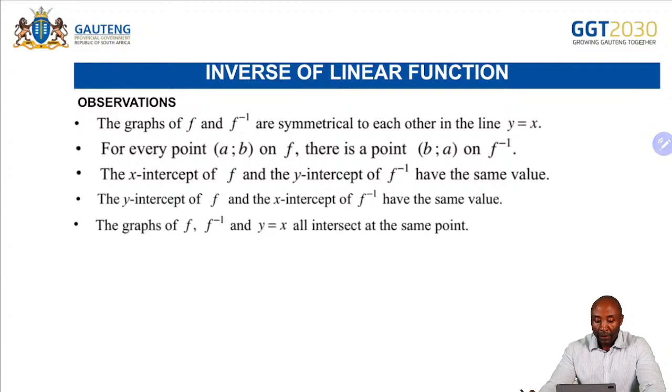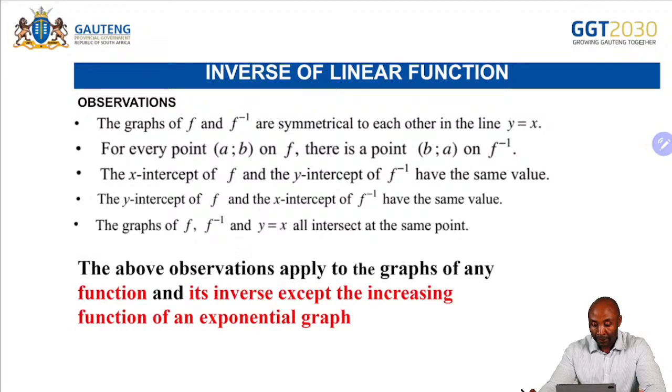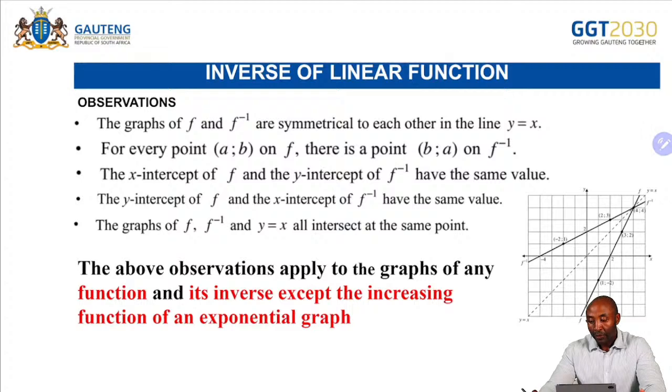Now, we notice that the graphs of f and f inverse and y equals x intersect at the same point for a linear function. And we noticed this with the plotting of the graph of y equals 2x minus 4. We determined the inverse and we noticed that they were intersecting, and we had points that were swapping positions.